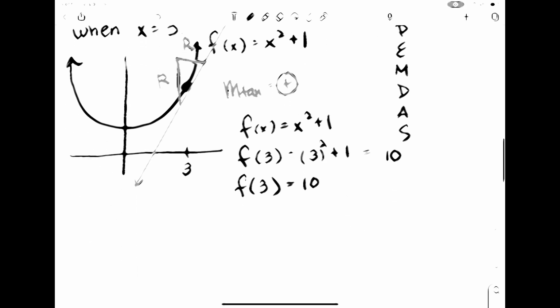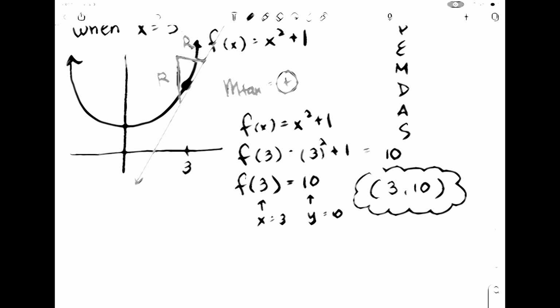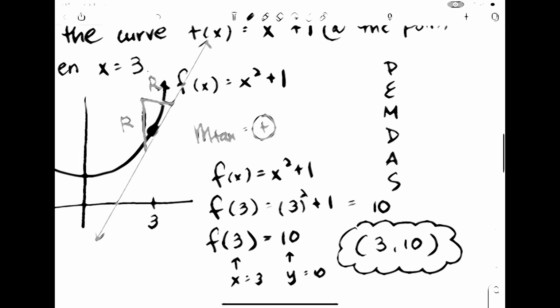We must understand that this means when x equals 3, y equals 10, to give us a point, (3, 10). This point will be important for us to be able to find the actual tangent line, not the slope so much, but the equation y equals mx plus b of this red line that I've drawn here.